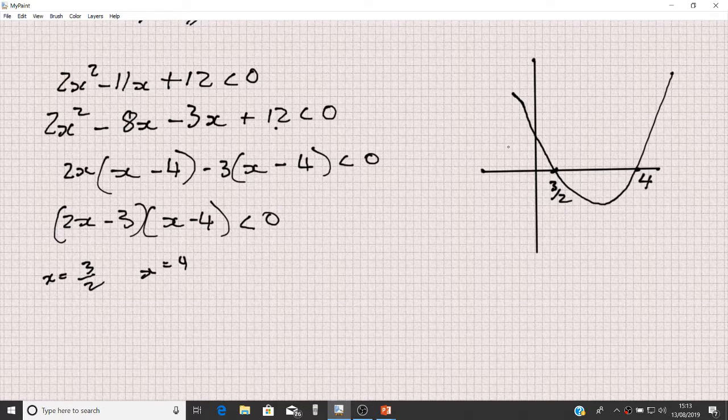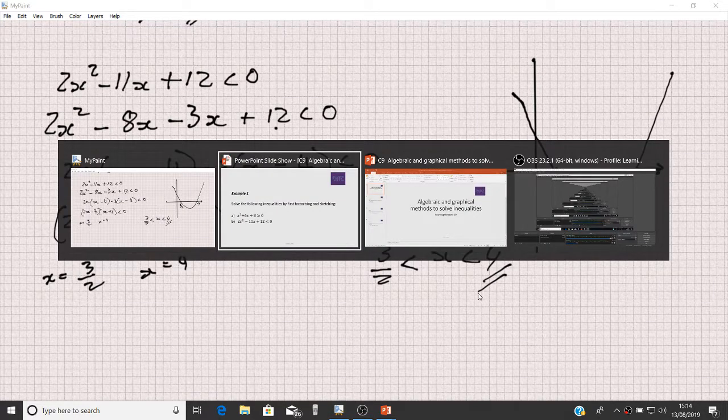Our inequality is asking us to find the range of values of x such that the curve will be negative. So it's all values of x lying between 3 over 2 and positive 4, but not including either. So the range of values of x will be 3 over 2 is less than x is less than positive 4. Okay, so that's that example complete.